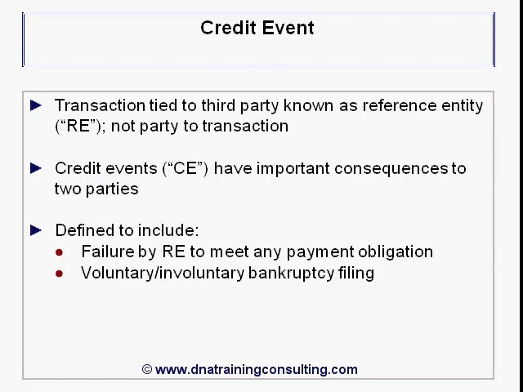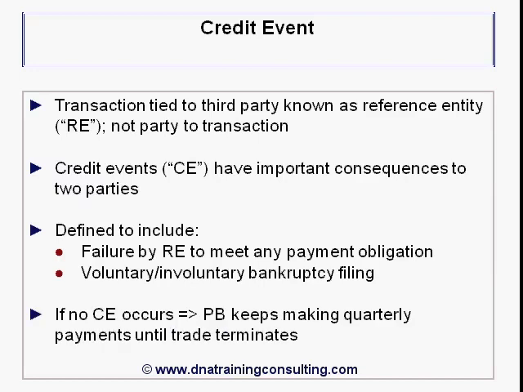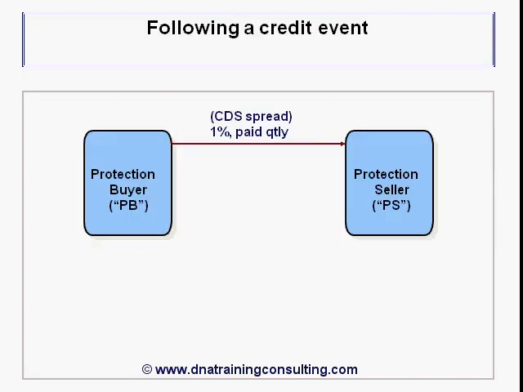The contract then specifies that if no credit event occurs during the entire 5-year life of the contract, then the transaction terminates upon the last quarterly payment. Now suppose a credit event occurs.